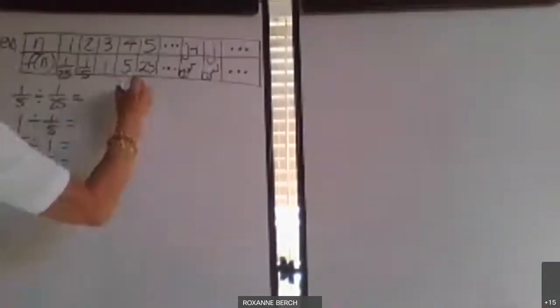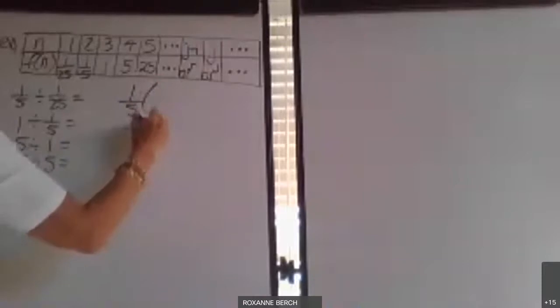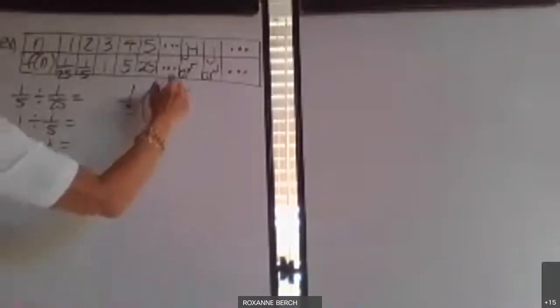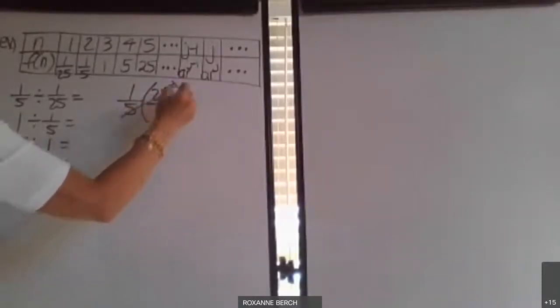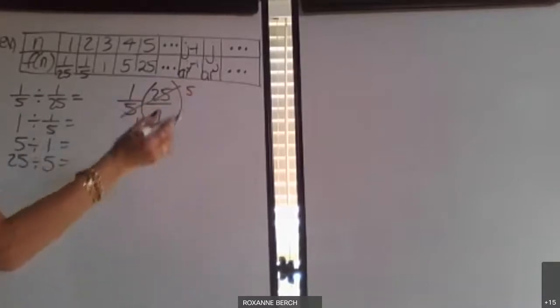Now, do you guys remember that when you divide fractions, you have to change it to multiply and take the reciprocal? Remember that? So this really means 1/5 times the reciprocal, which is really 1 times 5 over 1 is 5. Did you follow that?